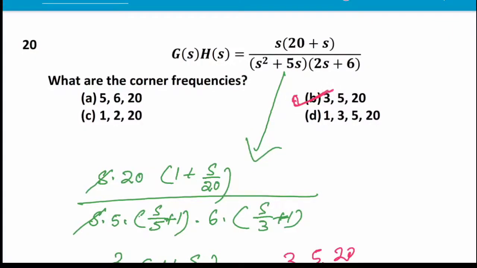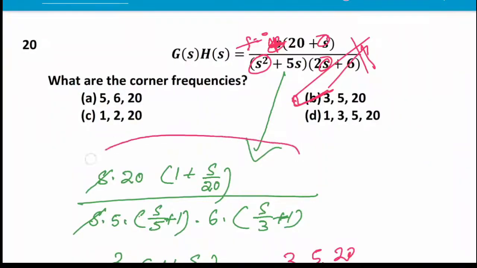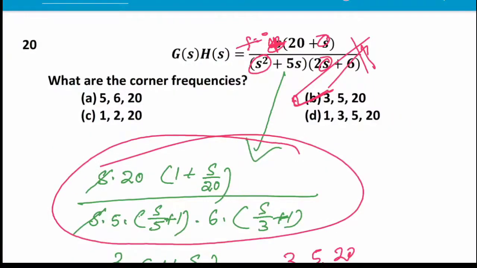Corner frequencies are determined from the standard form, not this form, because if we see this form, there will be 1, 2, 3, 4 and 5 terms, and we could determine 5 corner frequencies. And s equal to 0 is not a corner frequency, and there will be 4, and this is not the process. Always the corner frequency is determined from the standard form like this, or canonical form, and option B is the correct answer. Thank you for watching up to here.